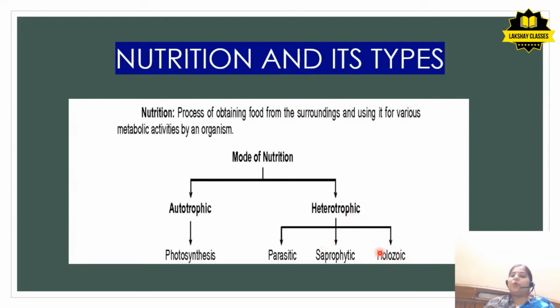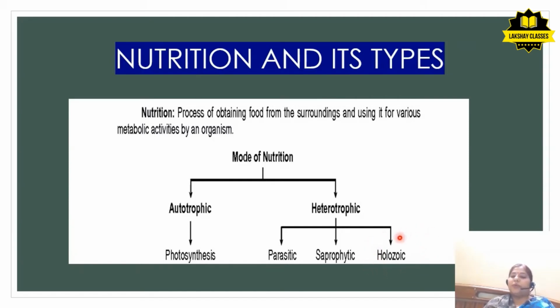Then saprotrophic nutrition or saprophytic nutrition. In this, the organism feeds on dead and decaying matter, right? Then holozoic nutrition. We human beings as well as animals, and some unicellular animals such as amoeba, follow holozoic nutrition.